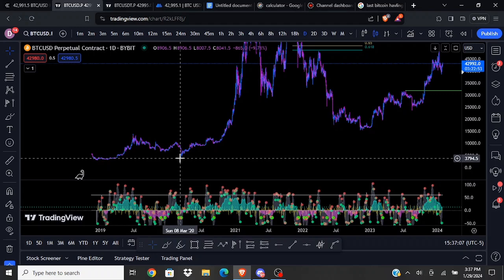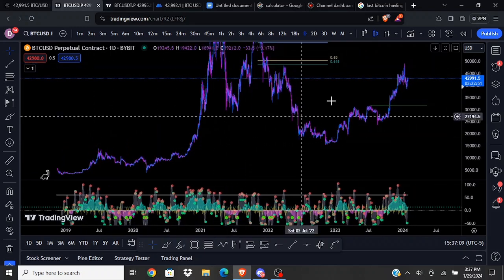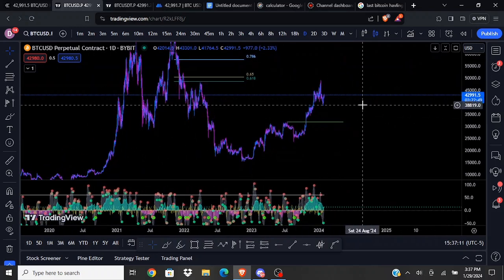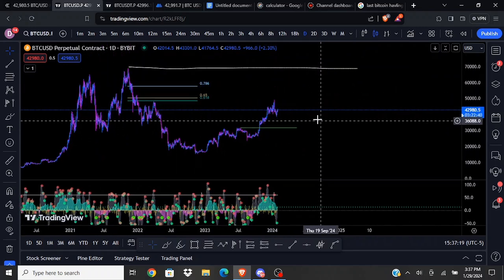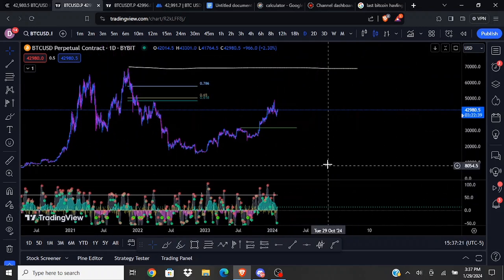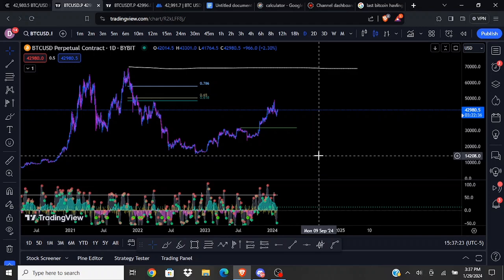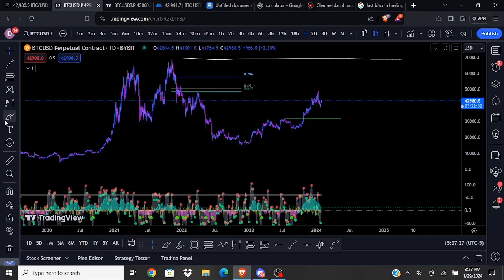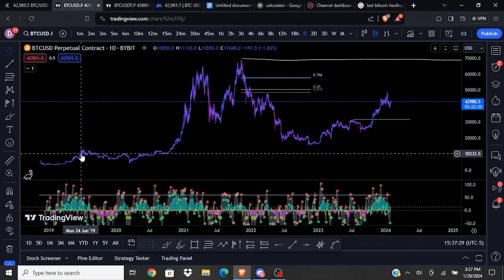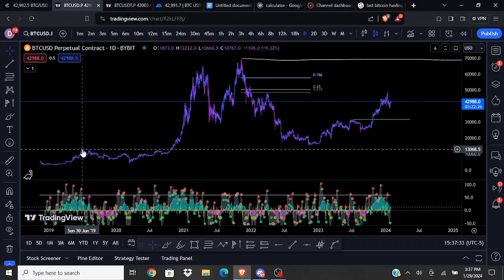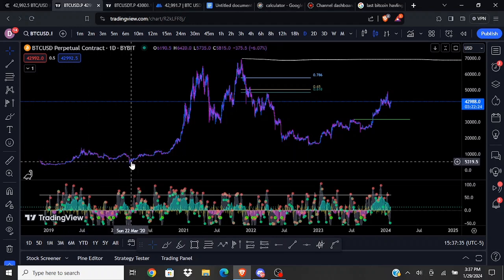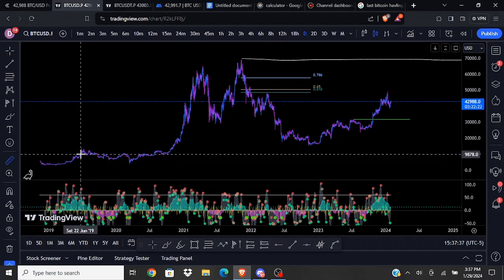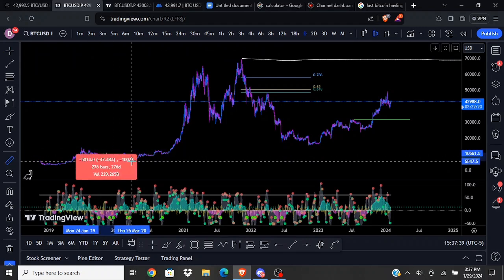So I think history also points to us getting a retracement before the halving happens. And at this point, we are a few months away from the halving. I believe it's going to happen in April. And things are a little different this time because in the last cycle, we topped out in June of 2019, and then we got that bear market retracement, which lasted many months before we actually got the halving.